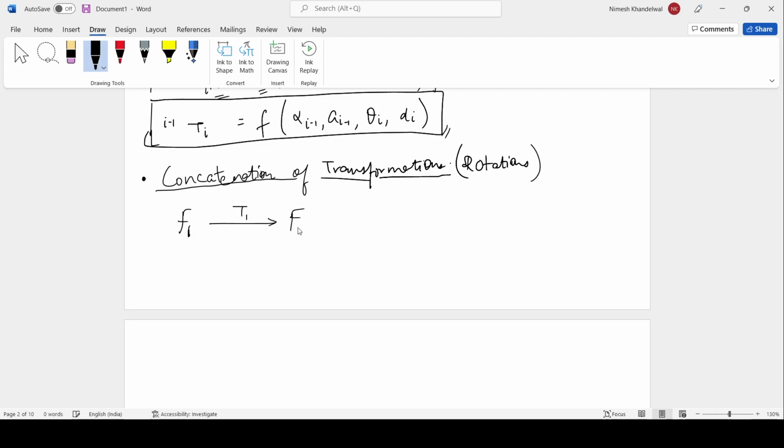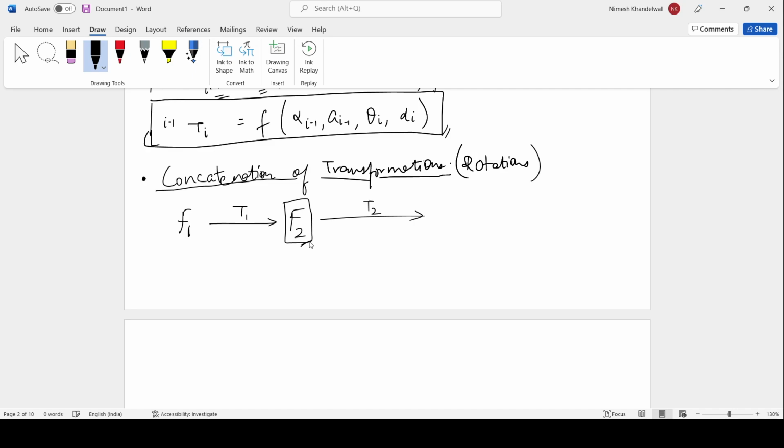After transformation T1, it gets transformed to F2. Now I apply another transformation, but this time it is with respect to F2. Basically I'm transforming with respect to the new axes, either rotating about the new set of axes or translating about the new set of axes.